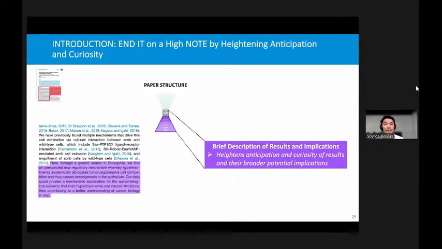Because the summary of the results is not sufficient to actually understand what is in the paper, but it does give an indication of what is to be expected, this not only increases the curiosity of the reader with the suspense of wanting to know what they actually have as data, but due to the potential implications of the study, it heightens the anticipation of the reader, which is a great way to transition to the results section that we'll be discussing next.